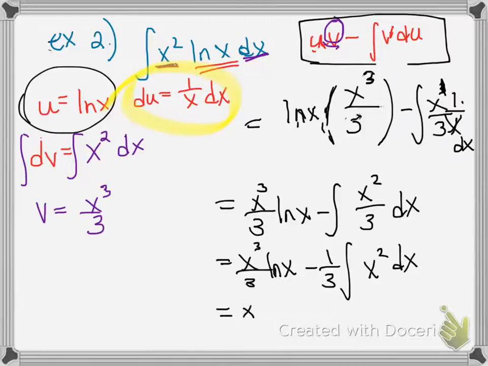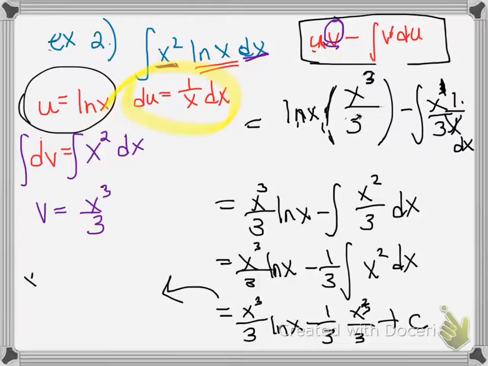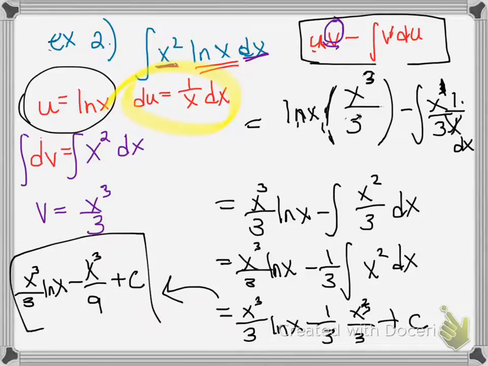So we're going to have x cubed over 3 times the natural log of x minus 1/3 times x cubed over 3 plus c, which is going to be x cubed over 3 natural log of x minus x cubed over 9 plus c as my final answer.